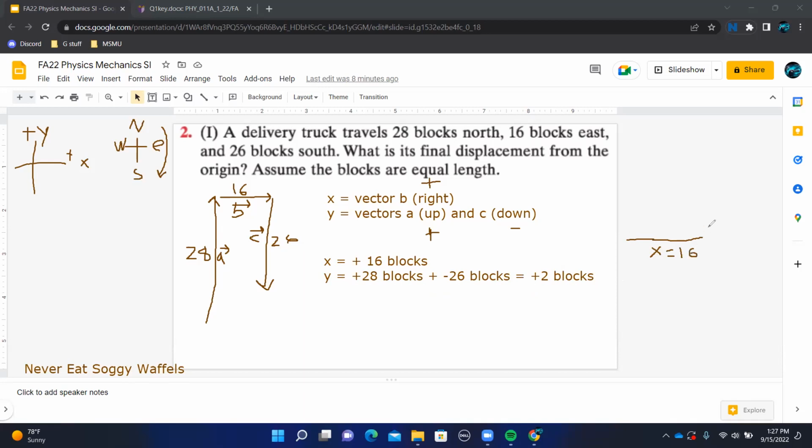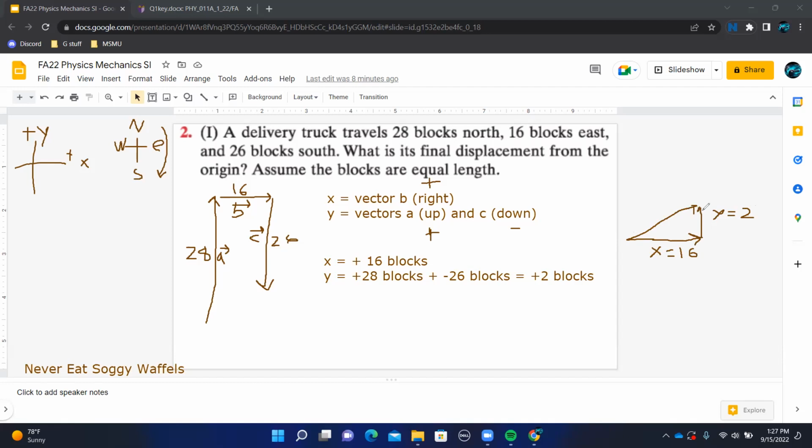And then if we go 2 blocks in the Y direction, so obviously this is not exact scale, then this is our vector here, right? Because these are going this way.